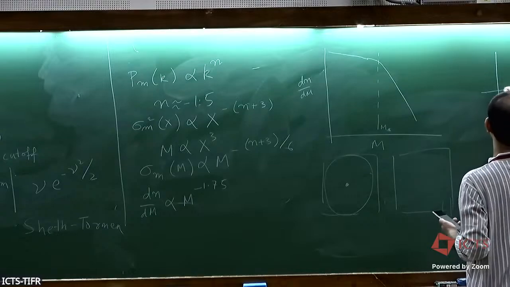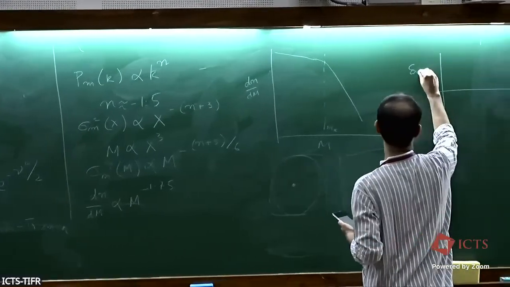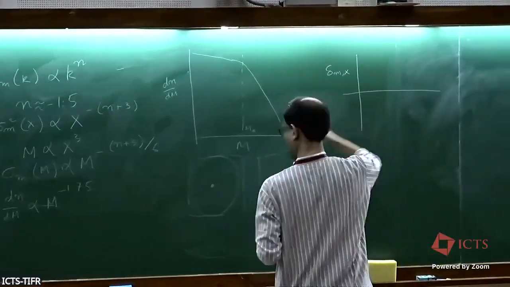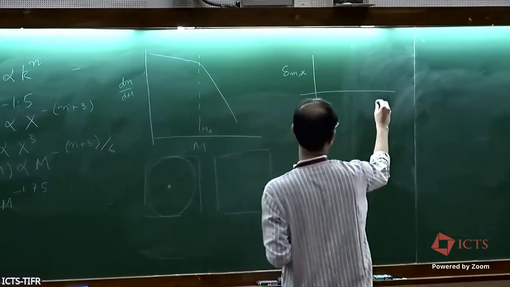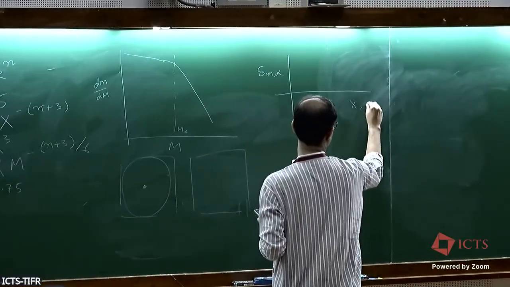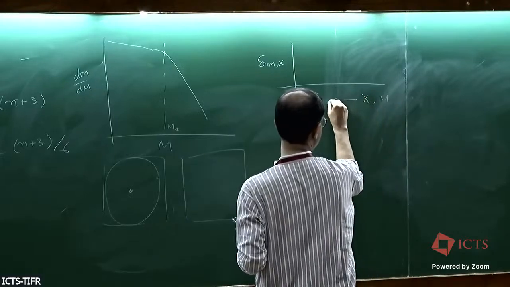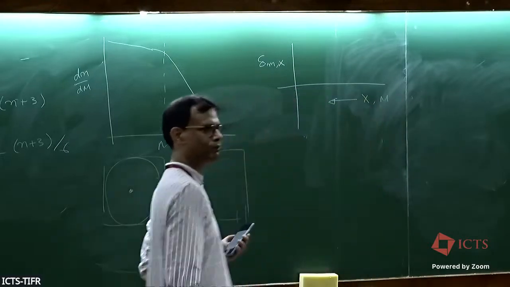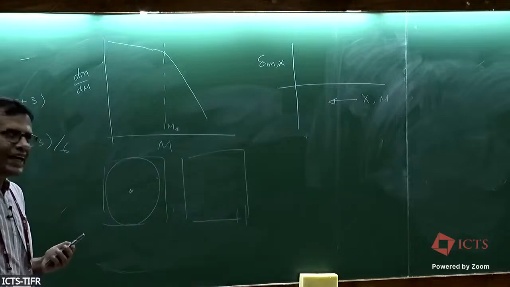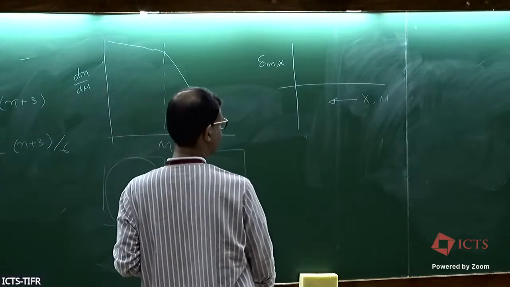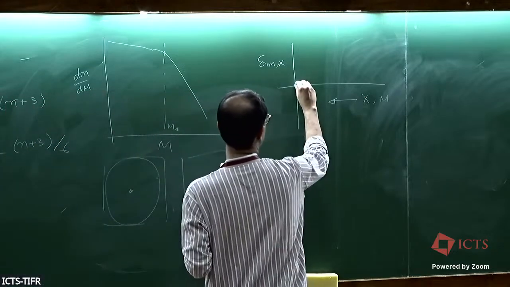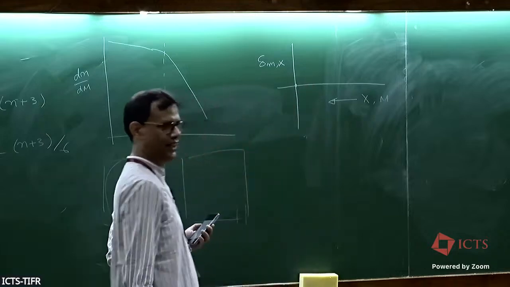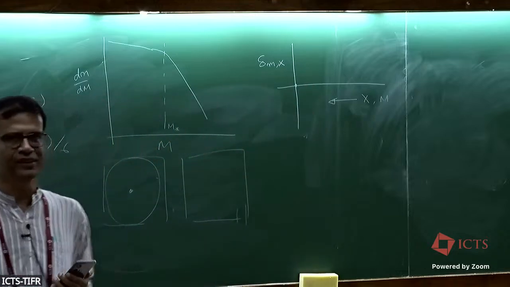I am plotting here delta_m(x) at some given point versus x or m, increasing this way. I take the largest x. I know that I will be somewhere here. I will start probably from 0.